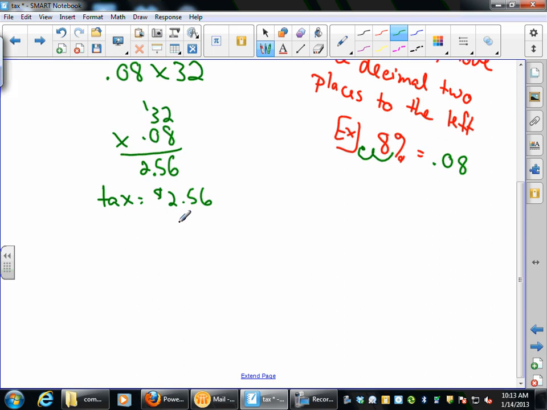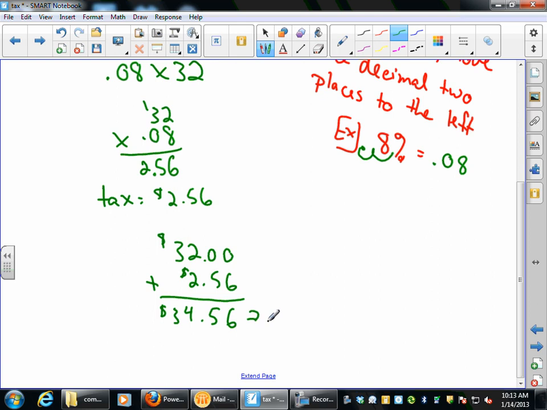So to do that, I'm just going to say, well, it was $32, and then I know the tax is $2.56. I'm going to add those together. $32 and $2.56 is going to give me $34.56. So this is the final cost, the final amount that I'm going to pay. And that's it. You just find the tax and then add it on.